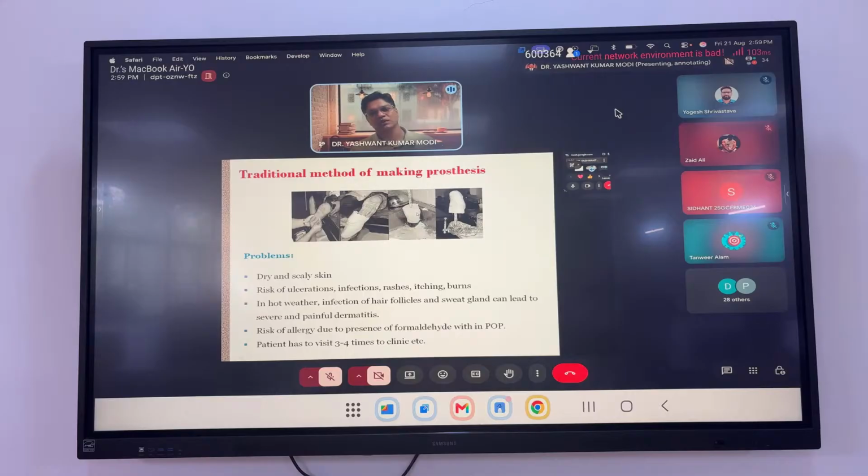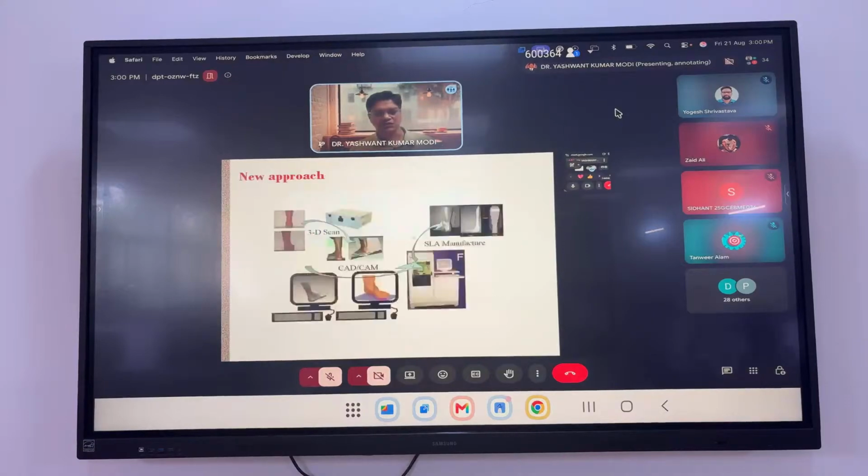Then using that positive model, they create the socket for the lower limb. That process is very painful. Sometimes dry and scaly skin is there. The patient has a risk of ulceration or infection, rashes, itching, etc. There are different risks in that, and it was a very time-taking process.